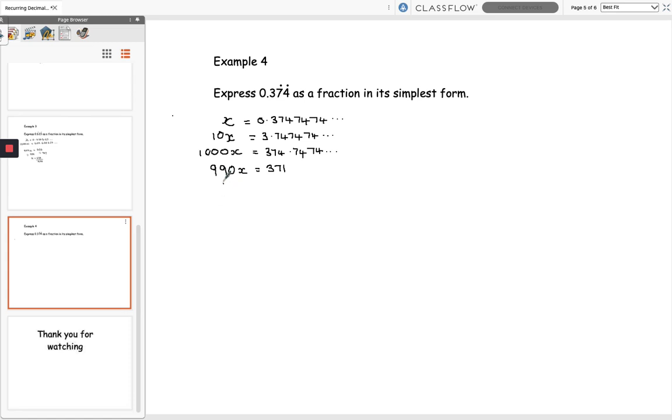And then I'm going to divide both sides by 990. And that's going to give me x equals 371 over 990. And again, that one won't simplify, so 0.374 recurring as a fraction in its simplest form is 371 over 990.